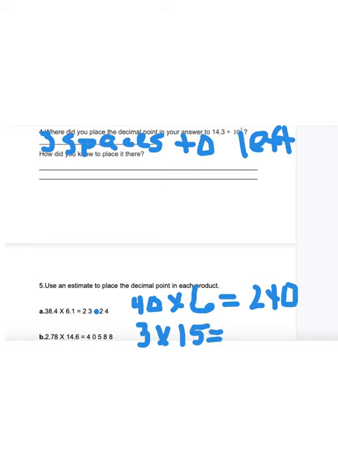And I know that 3 times 15 is 45, so my answer has to be somewhat close to 45. So I'm going to put my decimal here between the 0 and the 5. So my answer is 40.588, because 40 would be the closest answer to 45.